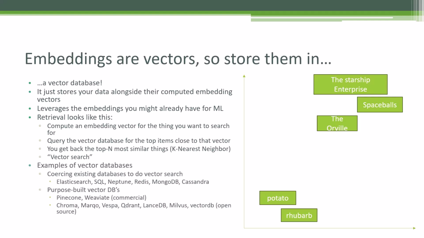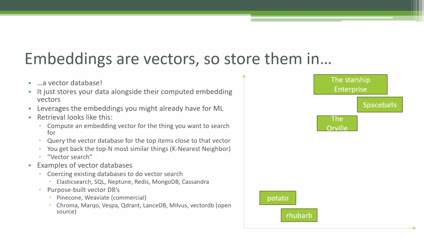Now, there are different vector databases out there you can use. Like I mentioned briefly, you can coerce a lot of existing databases to do vector search that weren't necessarily designed for it originally. So there are ways of using Elasticsearch, traditional SQL relational databases, Neptune, Redis, MongoDB, Cassandra, many others to do vector searches just by structuring things the right way. But there's also purpose-built vector databases out there as well.